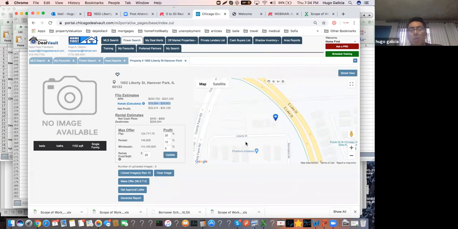On some of the properties I look up, I can see the max offer window, and some of them I can't see them. Why is that? Okay, the question is, when you analyze some properties, if you don't see the max offer, it's because we don't have the square footage of the property. That is the main reason, because most of the analysis is so critical to have the square footage.